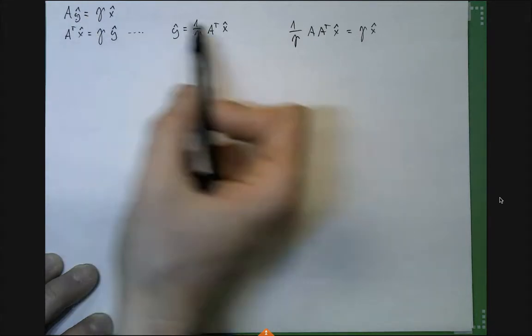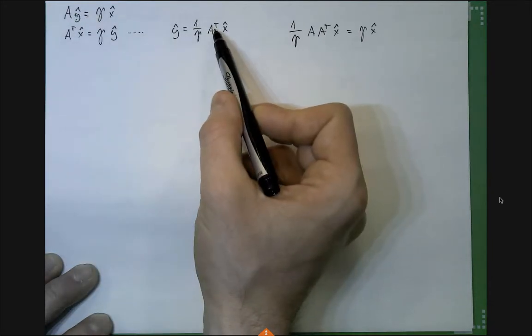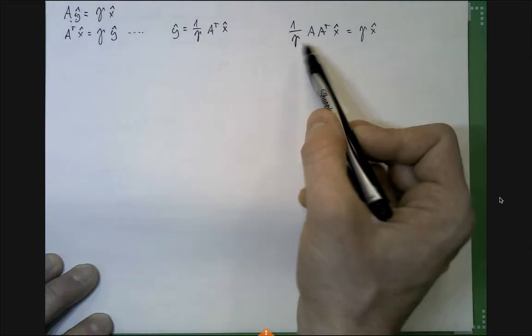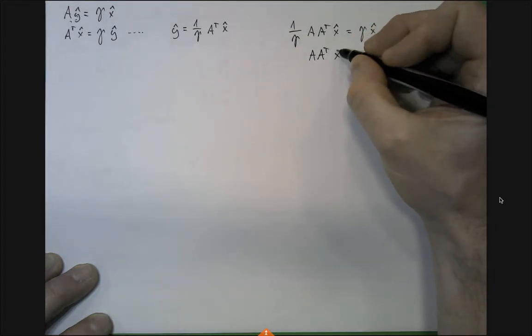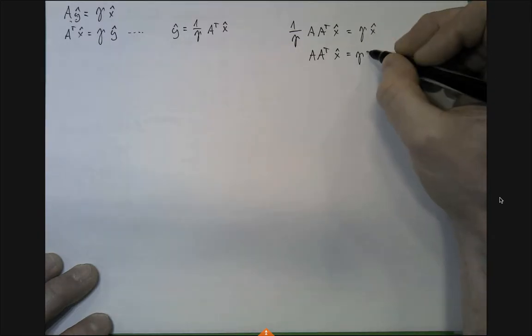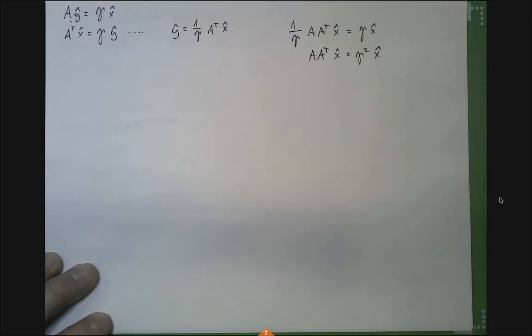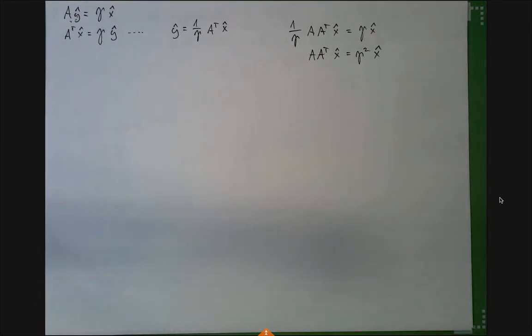The one thing you need to be careful about is the order, but here is A transpose on the right and A on the left, so this is going to be A A transpose, okay? So this is A A transpose x hat equals gamma squared x hat. And we are back to what we already knew. We are back to eigendecomposition, right?